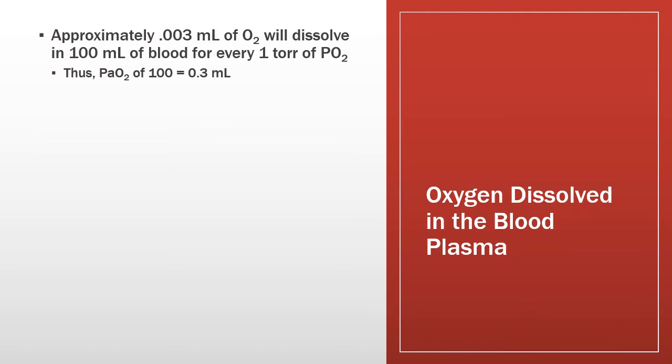About 0.003 milliliters, a very tiny amount of oxygen, will dissolve in every 100 milliliters of blood for every 1 torr of PO2. Thus, a PaO2 of 100 is equal to 0.3 milliliters. 100 times 0.003 is equal to 0.3 milliliters.